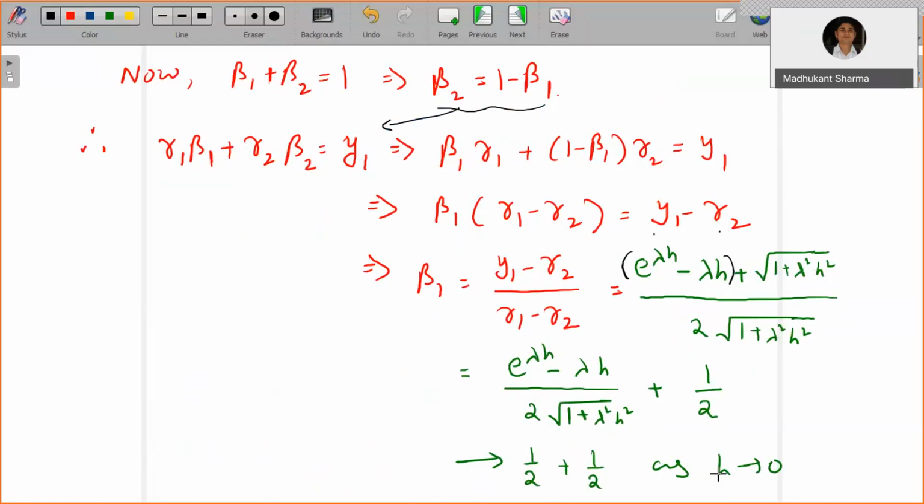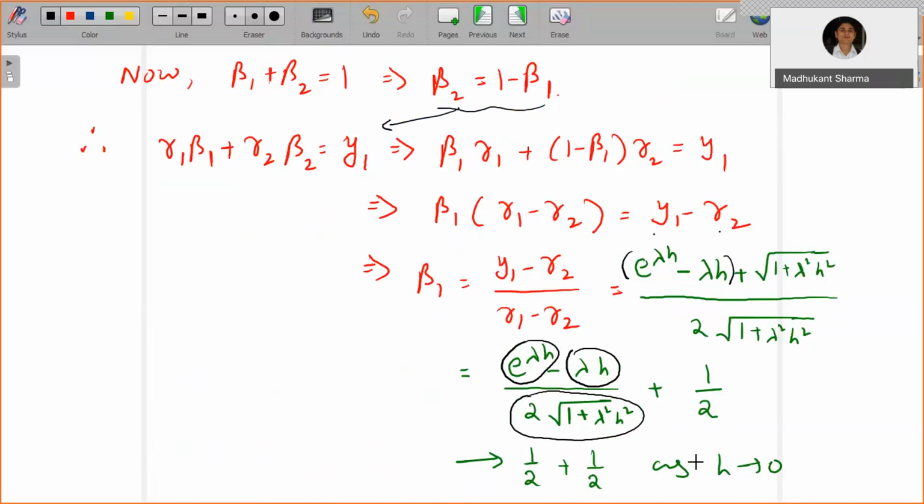Now, if you take h tending to 0, the second term will converge to 1 by 2 in the limiting case. And for the first term, as h tends to 0, the numerator tends to 1 (e to the power lambda h minus lambda h tends to 1) and the denominator converges to 2.